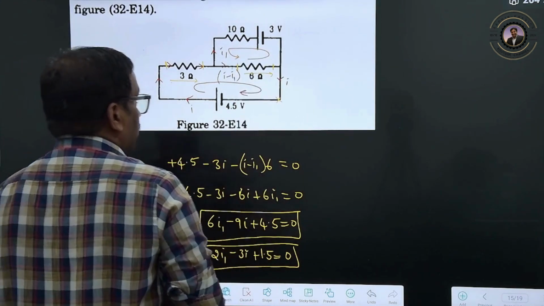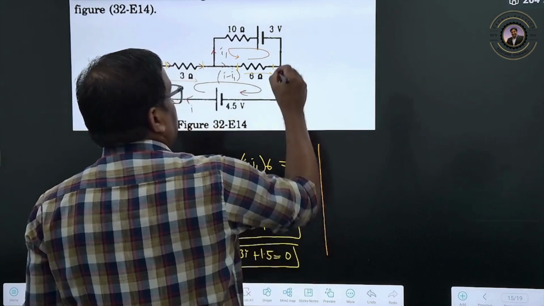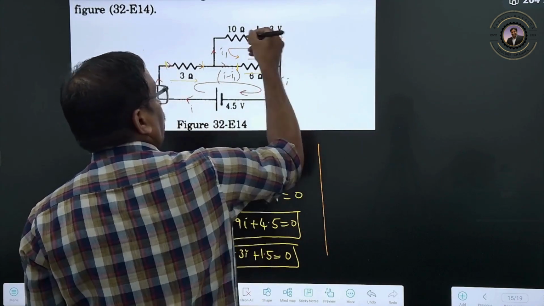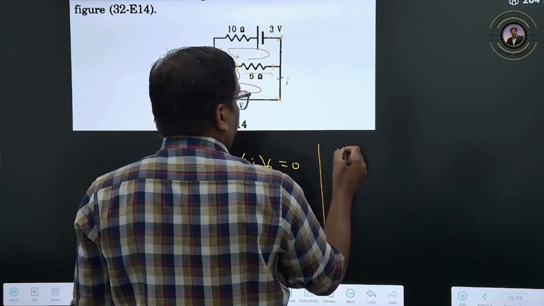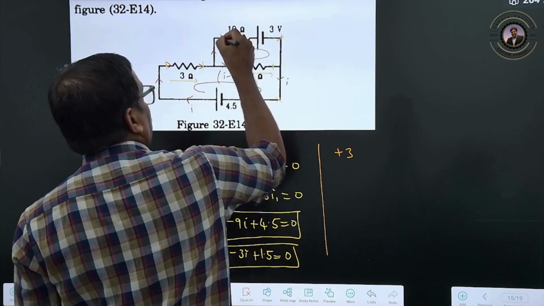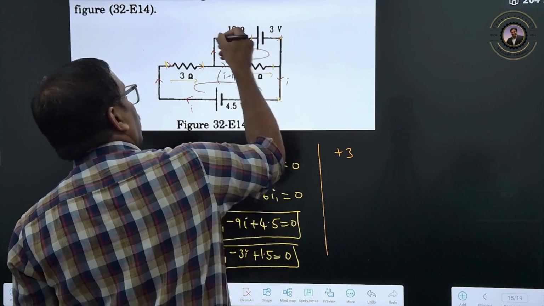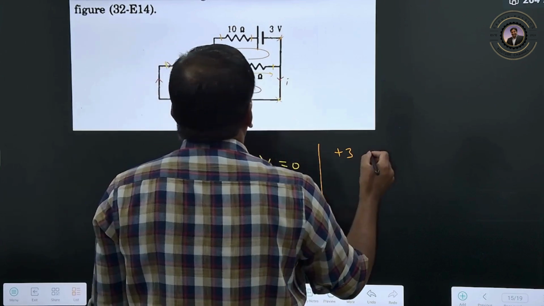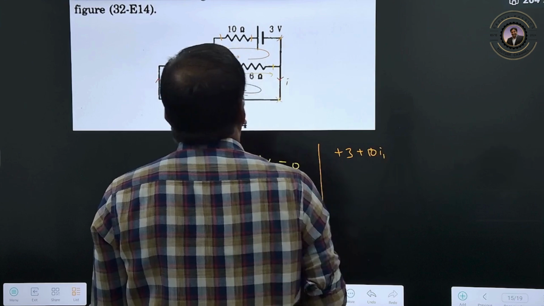Right? So now we will apply it here. Therefore we can start from here. I am going from here to here, minus 3 to plus 3, so minus to plus. This is higher potential to lower potential, but I am going from lower to higher, means plus. So plus 10I1.